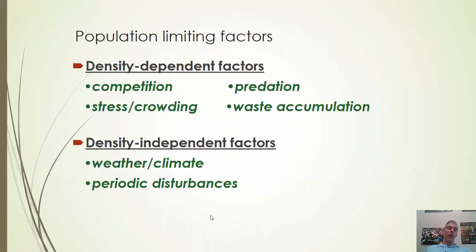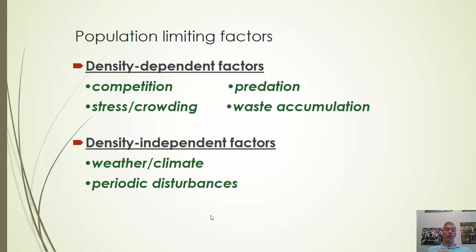All right, so what are the things that can affect population size? Well, there's density-dependent factors and density-independent factors. I'm going to go into density-independent factors first, actually. A density-independent factor would be a factor that, regardless of how many individuals there are, can still have a major impact on limiting the population. Things like weather and climate can limit that.